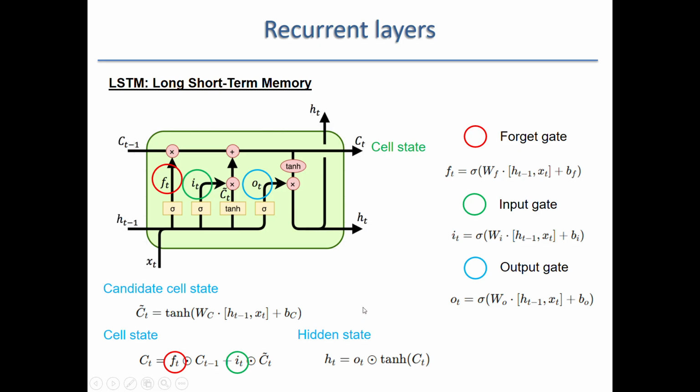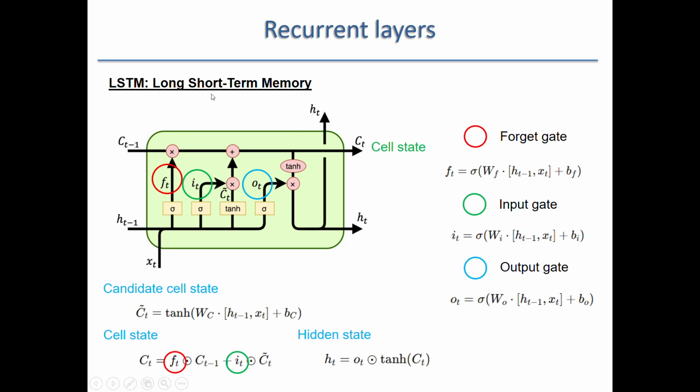So these are different refinements of the same idea: something to forget depending on the input, something to remember depending on the input, some way to generate the output, and some way to update the internal state. This one, I think, is one of the current state of the art in these sequential neural networks.